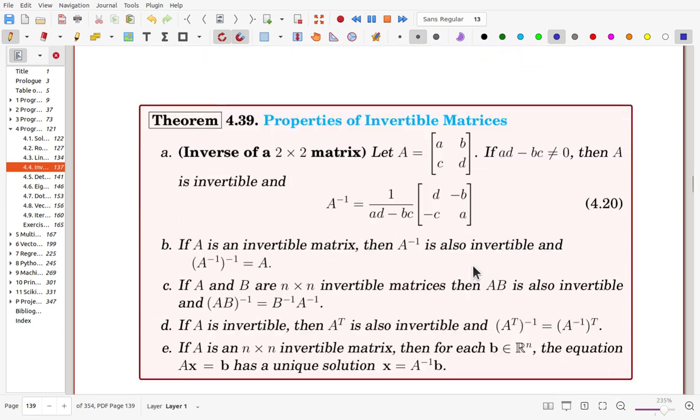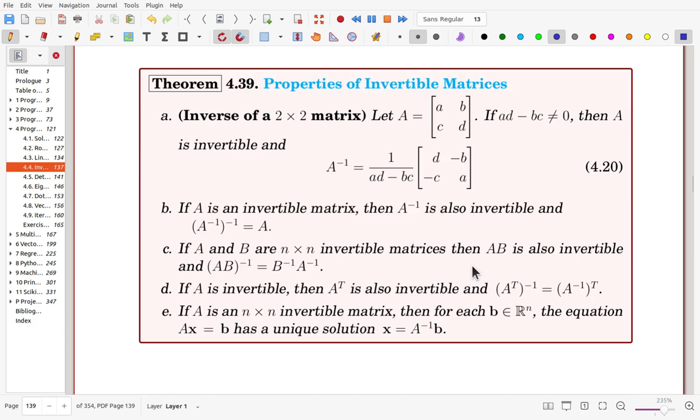Here we have properties of invertible matrices. For 2 by 2 matrices, we may write the matrix in this form A, B, C, D. If AD minus BC is non-zero, then the matrix A is invertible, and A inverse can be written in this way, 1 over AD minus BC. In the next section, we'll learn about the determinant, and AD minus BC is the determinant of the matrix.